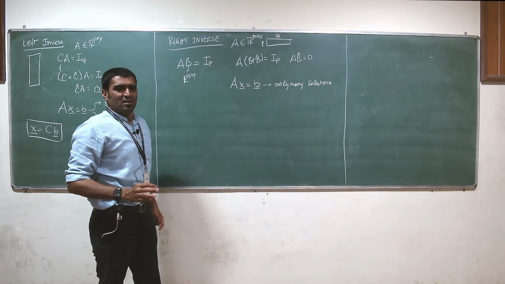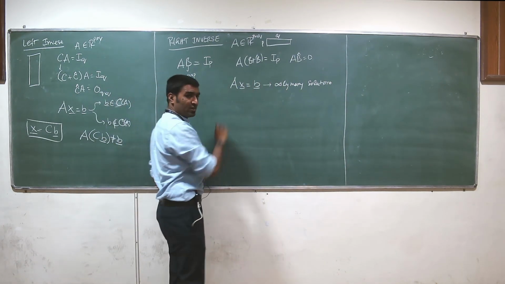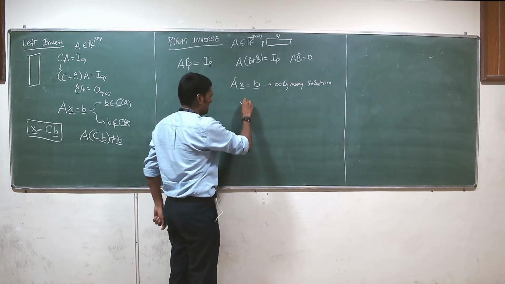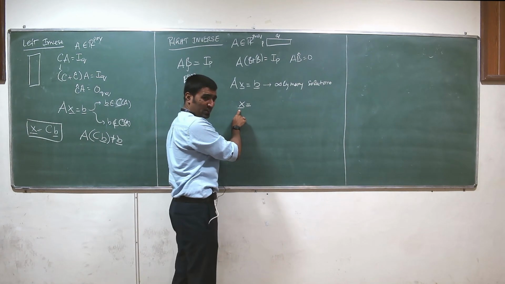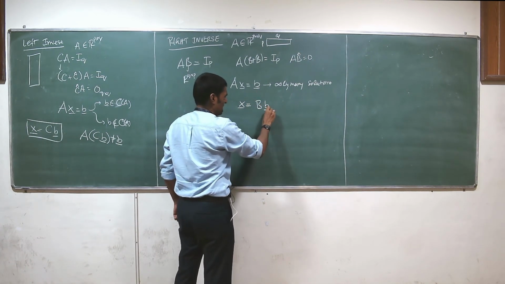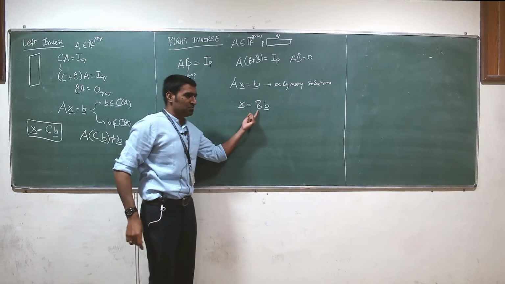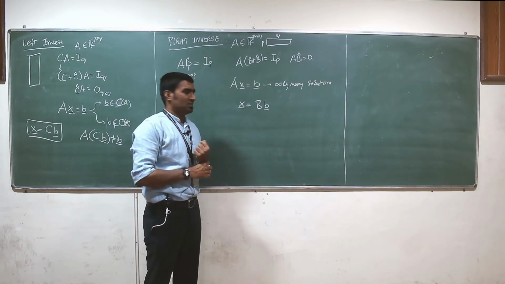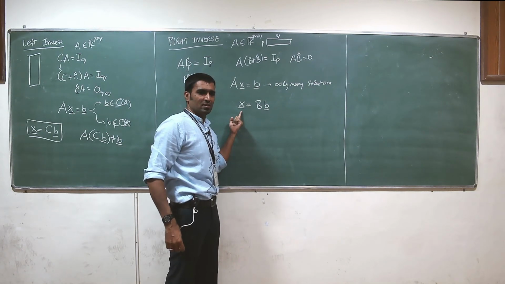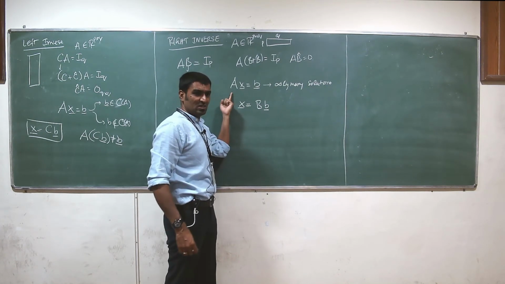Because there are infinitely many solutions, you can obtain a solution for x by simply taking B and multiplying it by one of the right inverses. If you multiply B by any right inverse, you get a solution for this set of equations.